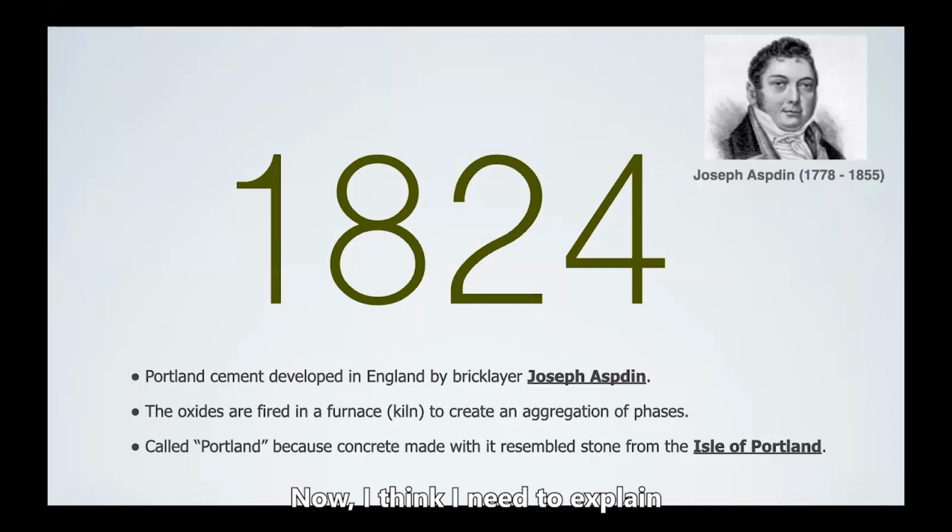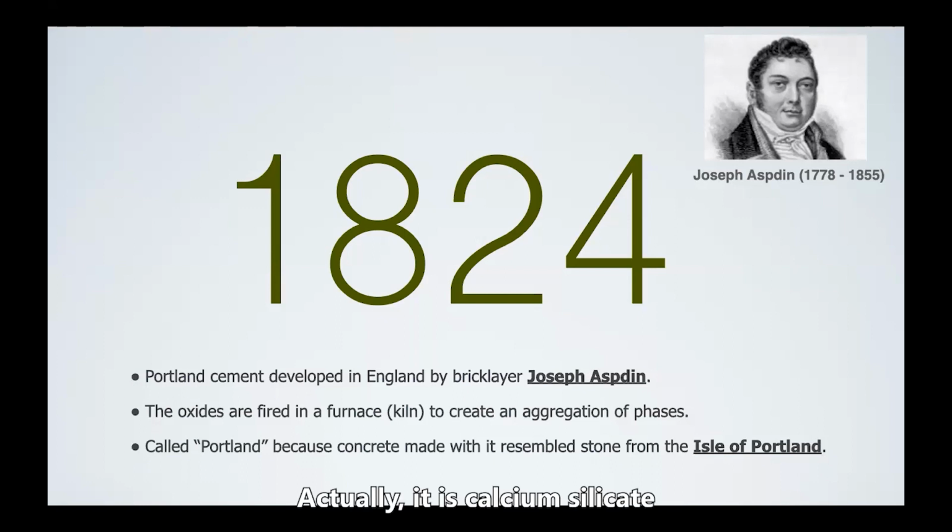Now, I think I need to explain the history of Portland cement shortly. In 1824, an English bricklayer, Joseph Aspdin, developed a method for producing a fast set cement and got the patent regarding it. He reacted lime and silica in furnace and obtained an aggregation of phases.